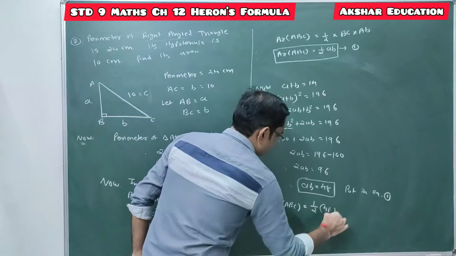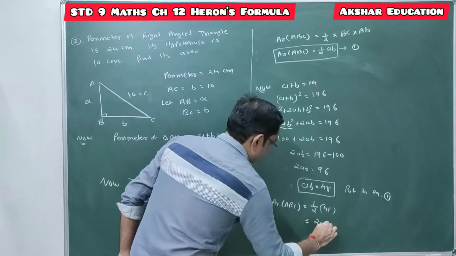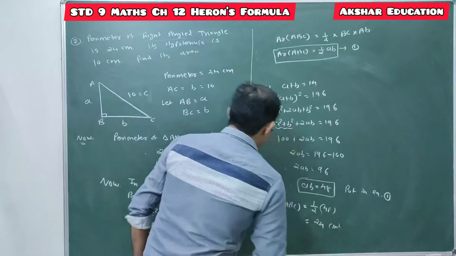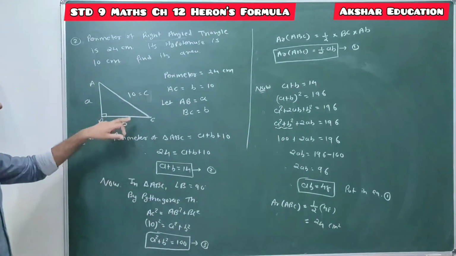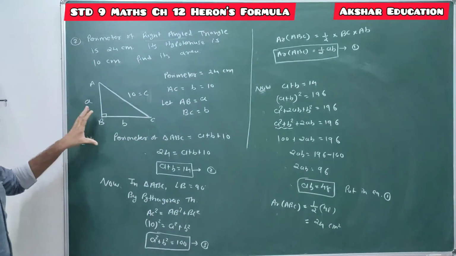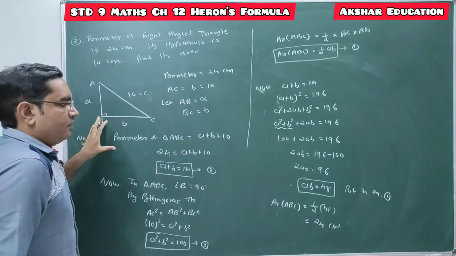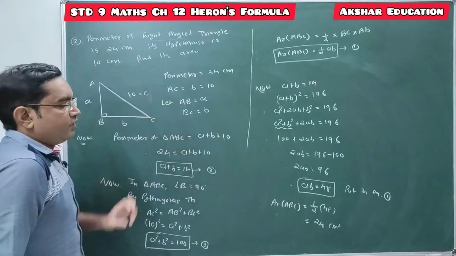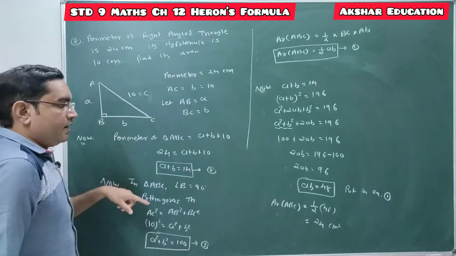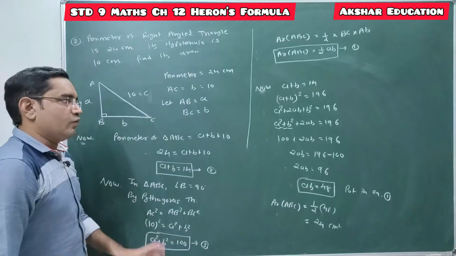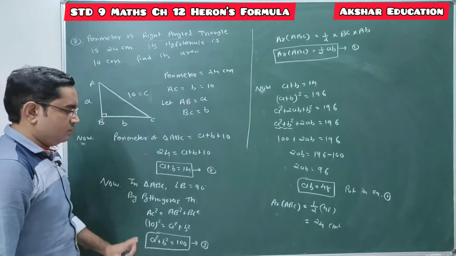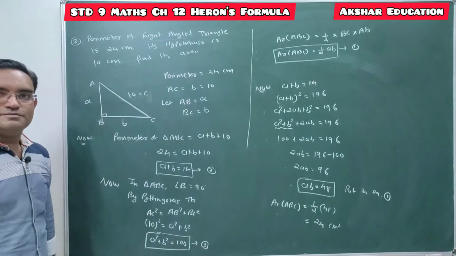AB is 48. So we are getting the area of triangle ABC, which is 24 centimeter square. Clear, students? So here this is one right angle triangle whose perimeter is 24 centimeter and whose area is also 24 centimeter square. Clear students? Pause the video and note it down.